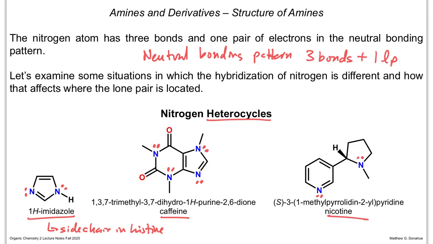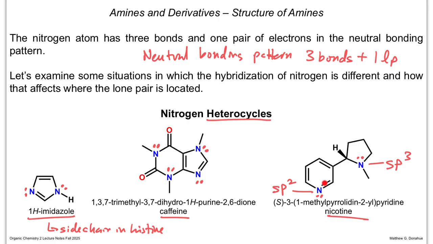When we look at nicotine, that nitrogen has sigma, sigma, and sigma, and a lone pair. That ring has no double bonds, so that nitrogen is sp3 hybridized. The nitrogen in the aromatic ring is sp2, because we can see that nitrogen has a pi bond to carbon.